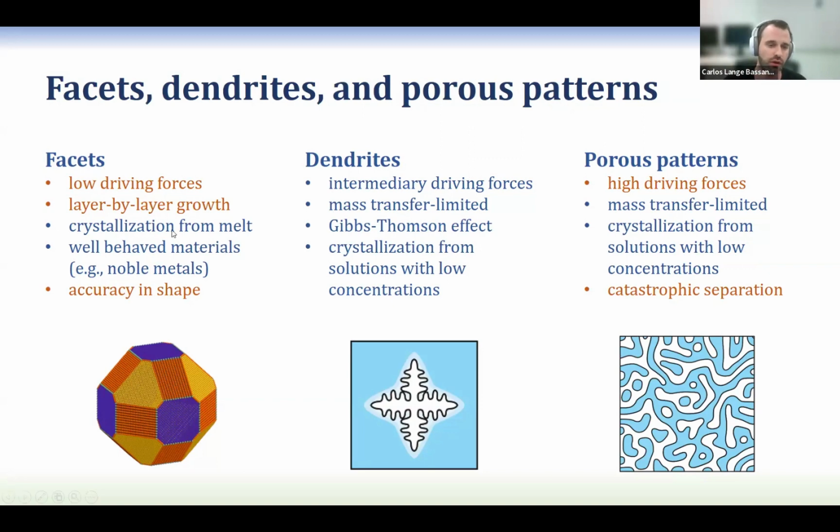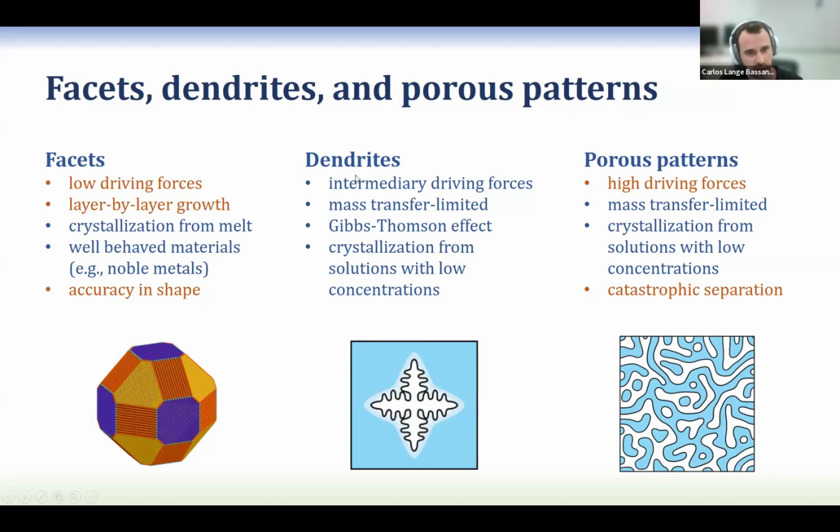For example, water forming ice, that's crystallization from a melt, or liquid metal forming a solid metal. So there's a solidification process. And usually these facets form in well-behaved materials, and one big portion of the literature now is looking at noble metals, and we can have a lot of accuracy in the shape. And that has been a new niche for the past 20 years. People are looking into new nanomaterials, nanocrystal assemblies, right?